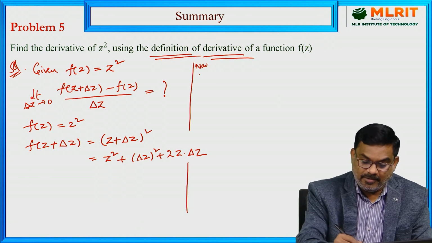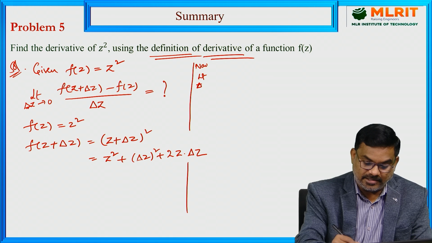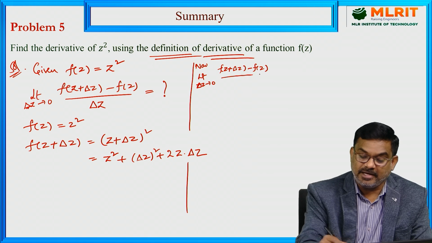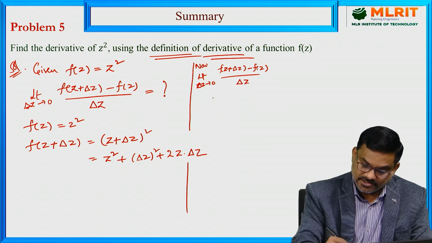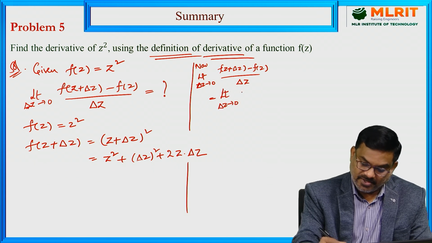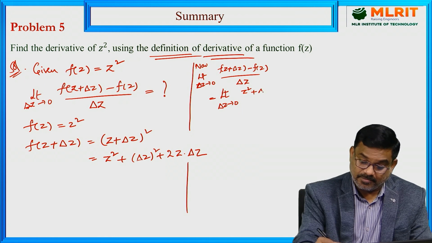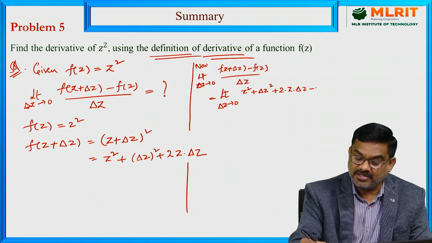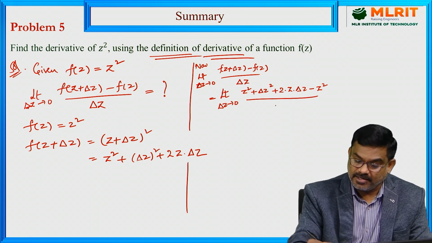Now the limit as delta z tends to 0 of f of z plus delta z minus f of z, divided by delta z, is equal to the limit as delta z tends to 0 of z square plus delta z whole square plus 2 into z into delta z, minus f of z, which is z square, by delta z.